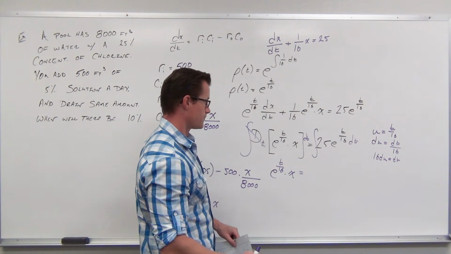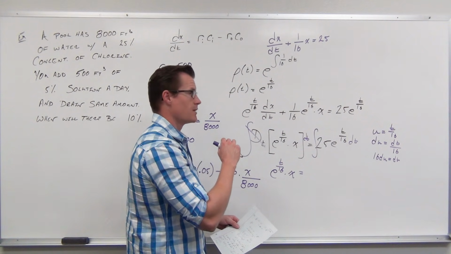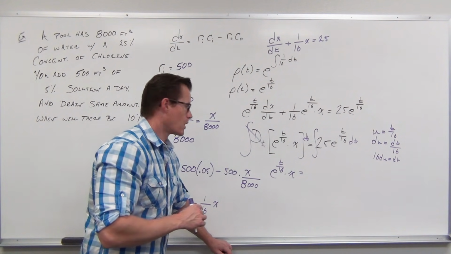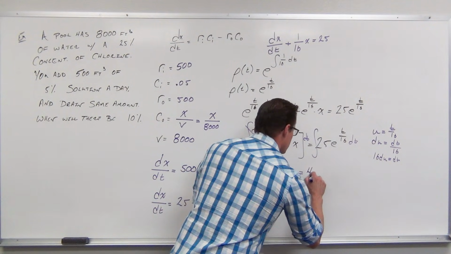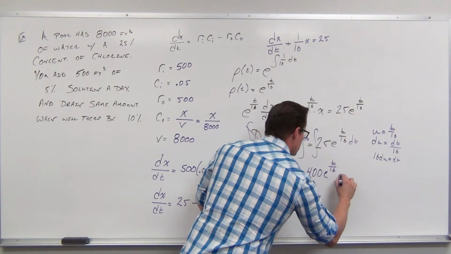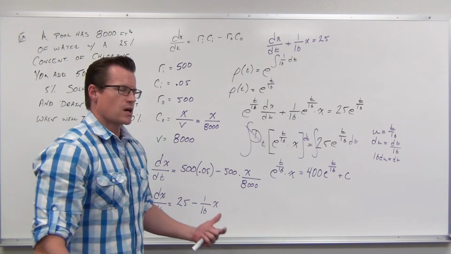So let's put that in there. 16 times 25, let's see, 4 times 25 is 100, times 4 would be 400, plus c.